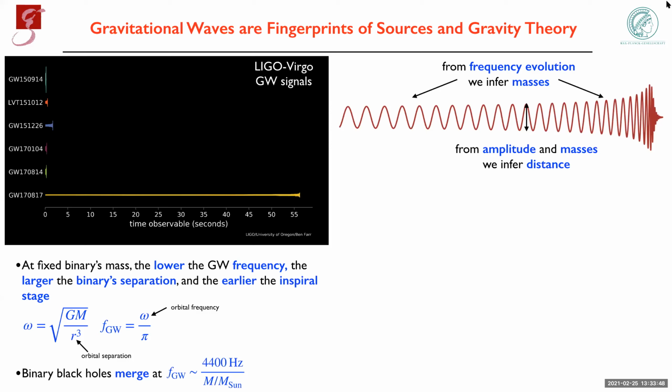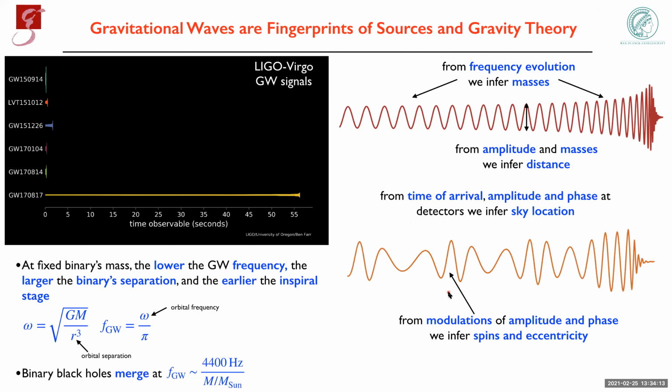So how do we extract parameters? Well, of course, we use Bayesian analysis, but just to give an idea, from the evolution of the frequency over time, we infer the masses. From the amplitude and the masses, we can infer the distance of the source from the Earth. From the time of arrival, the amplitude and the phase at the detectors, we can reconstruct the location in the sky of the source.